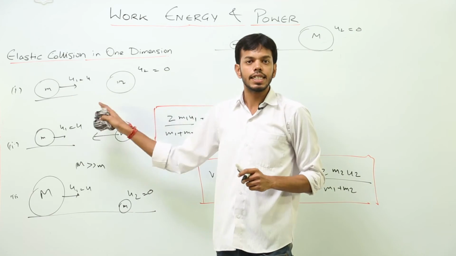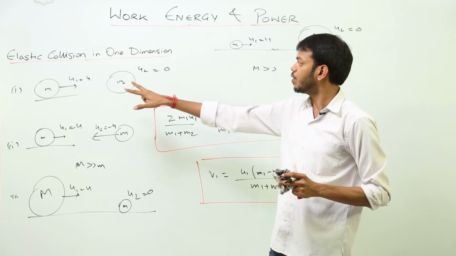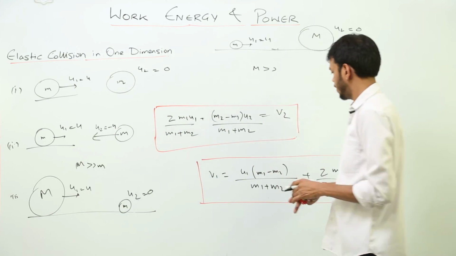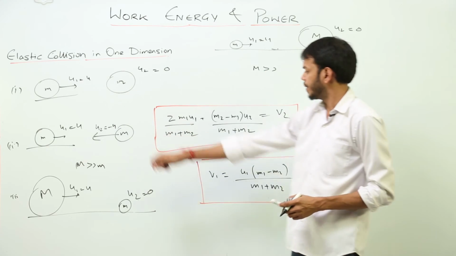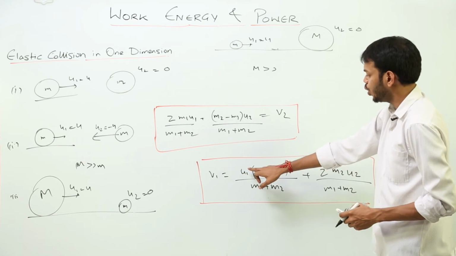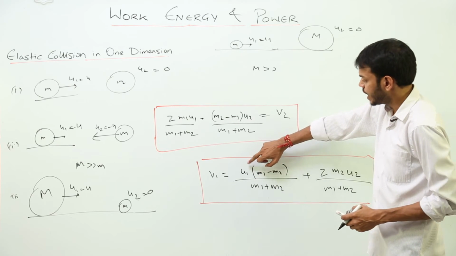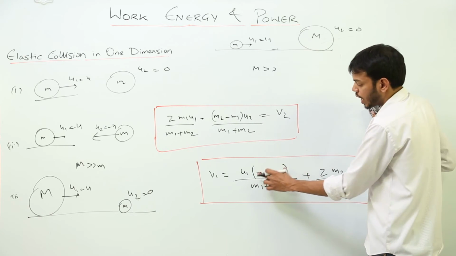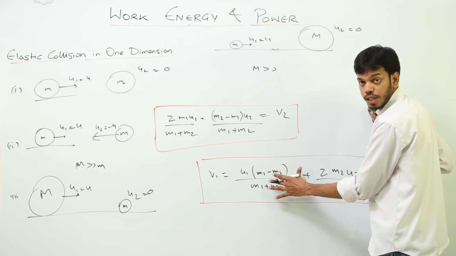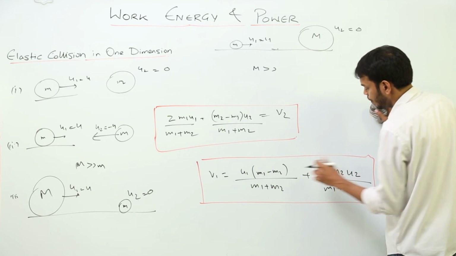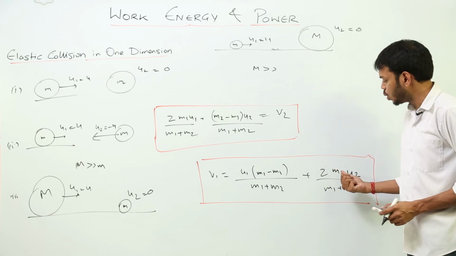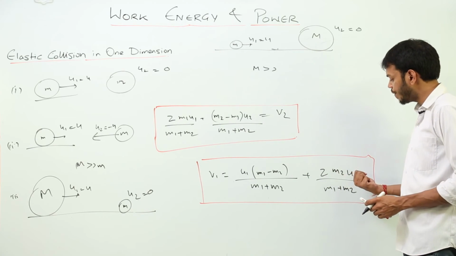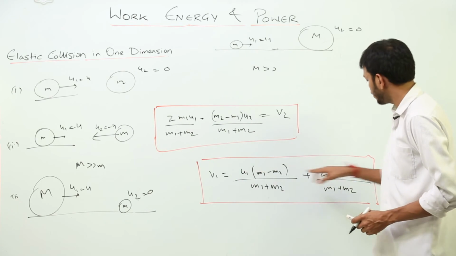Now in all the cases, what I want is the final velocities of each body. So let's do it. First of all, for equation 1, v1 equals u1, which is equal to u, right? We have a u here, then multiplied by m1 minus m2. Both are of equal mass, so this term becomes 0. So this whole term becomes 0. Then you are left with 2m2, which is 2m upon 2m, cancels out, and you are left with only u2. So v1 becomes equal to u2.